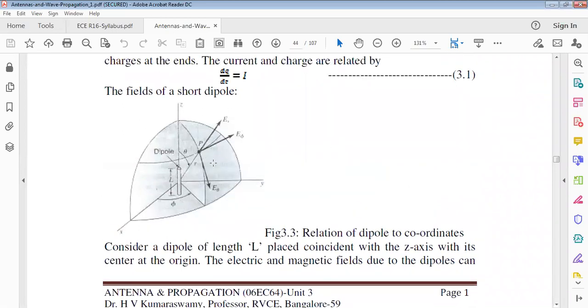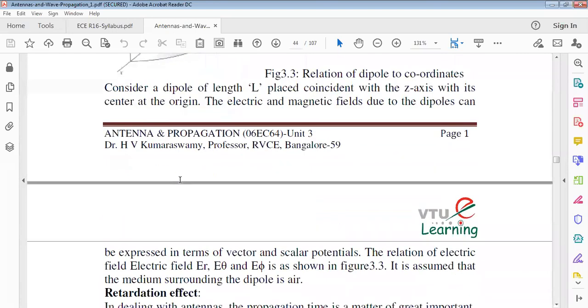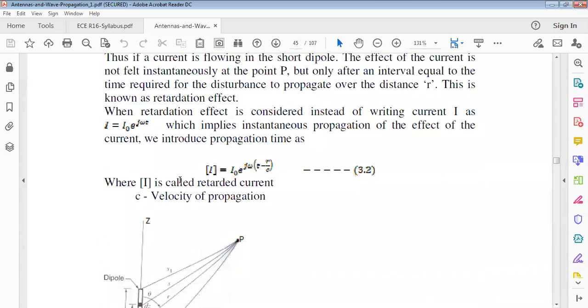Here, consider a short dipole lying in the z direction, having some length L, and the same concept is applied here to derive the expression for the retardation effect.